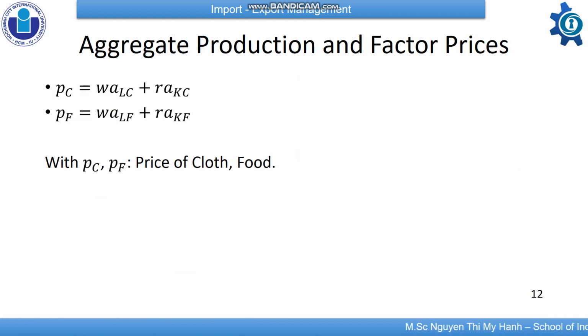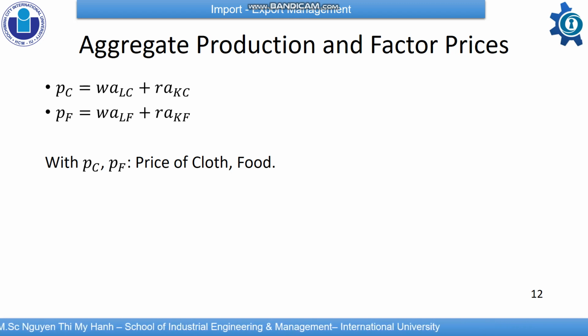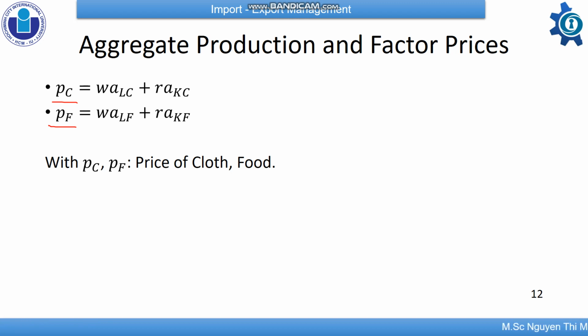And here we can calculate the price of cloth and the price of food. We have the notation PC and PF to represent the price of cloth and food.